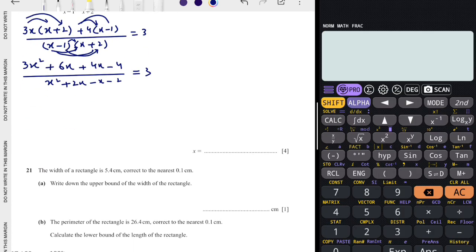Now we have to combine like terms. So 3x square, 6x plus 4x is 10x minus 4, divided by x square plus 2x minus x, plus x minus 2, is equal to 3. So we do cross multiply.